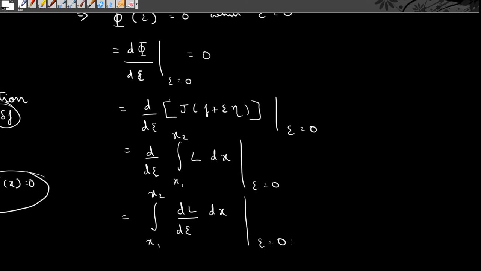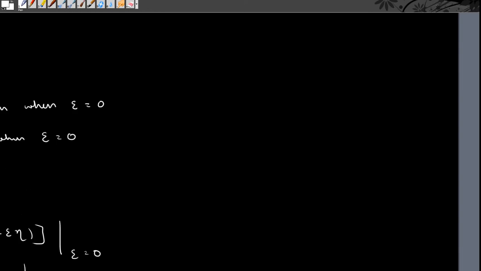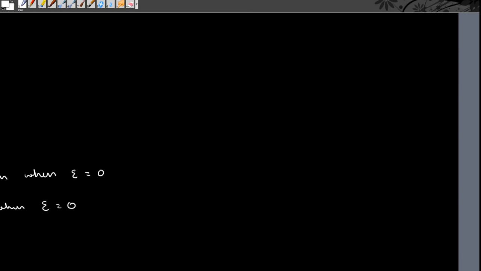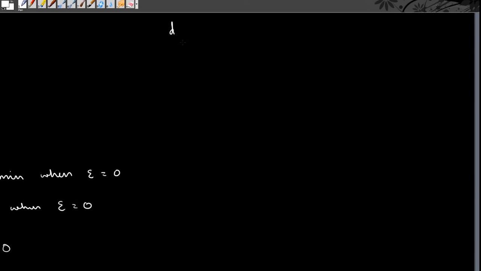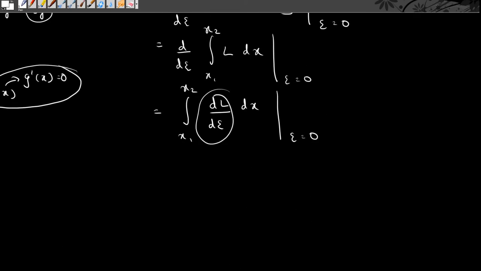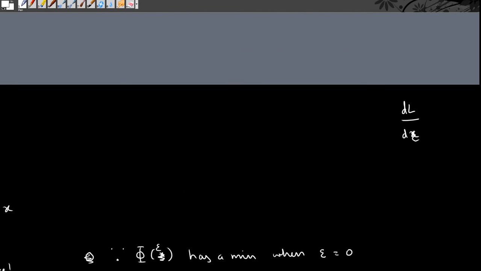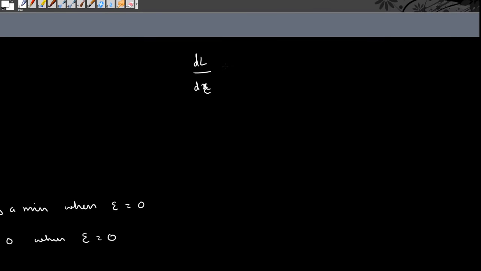Okay, so now all we need to find is dL by d epsilon. So how do we find that? We find that in the following way.